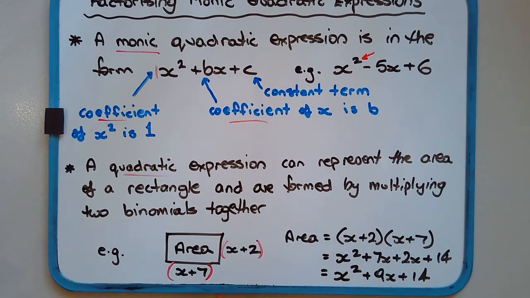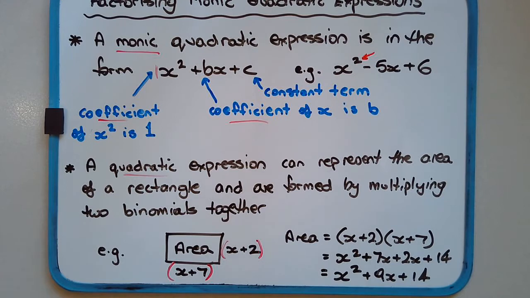If the width is x plus 2 and the length is x plus 7, whatever the value of x is determines the width and the length. Multiplying those two binomials, you end up with x squared plus 7x plus 2x plus 14, and then collecting the like terms, you end up with x squared plus 9x plus 14.